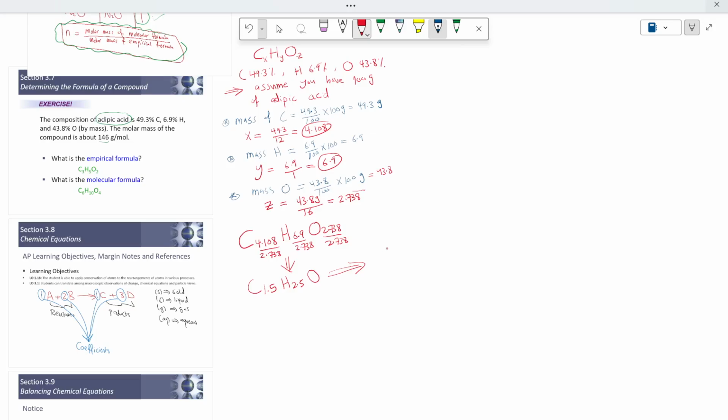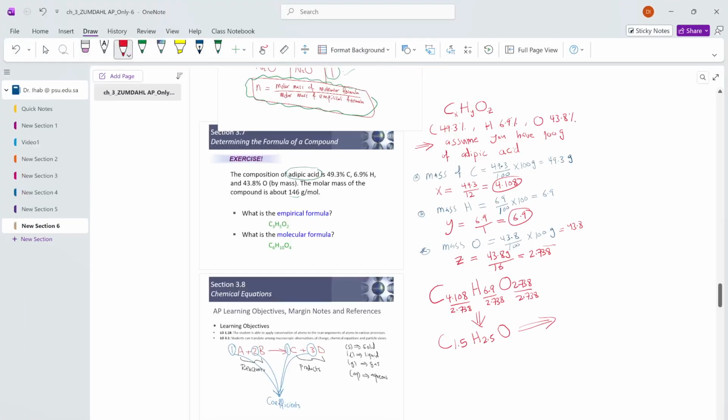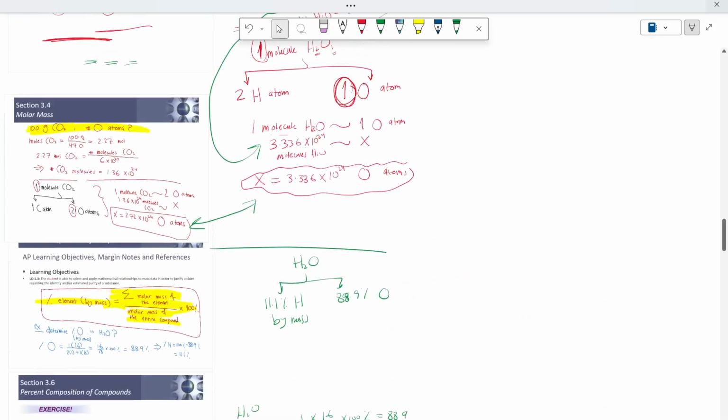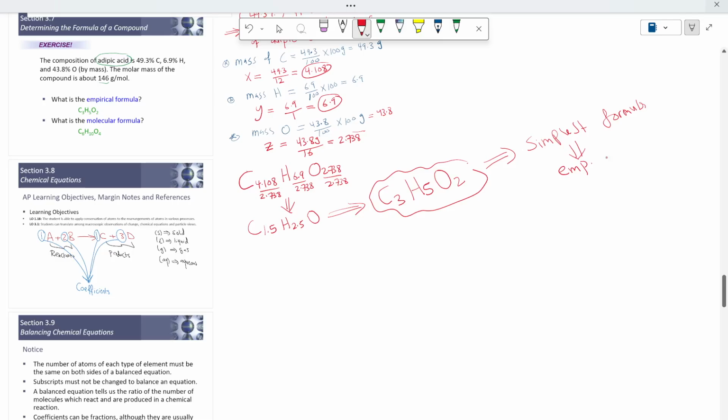If you multiply by 2, then carbon will be C3, hydrogen will be 5, while oxygen is 2. C3H5O2. Because C3H5O2 is the simplest formula, it represents the empirical formula of adipic acid. This is how to solve such type of questions.